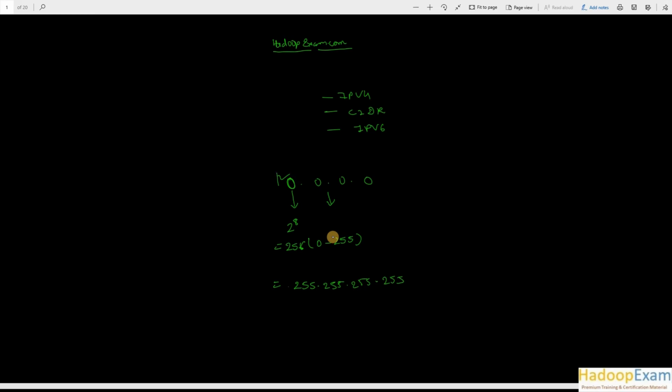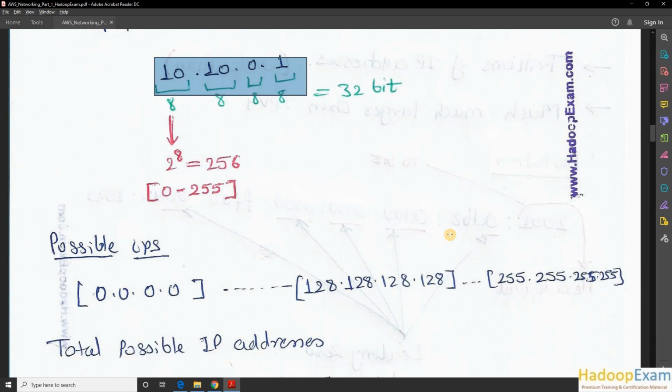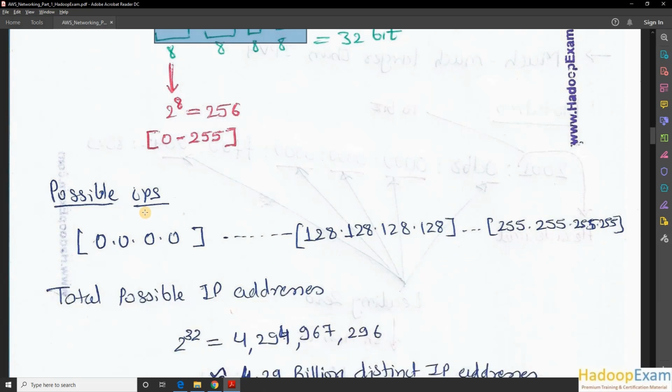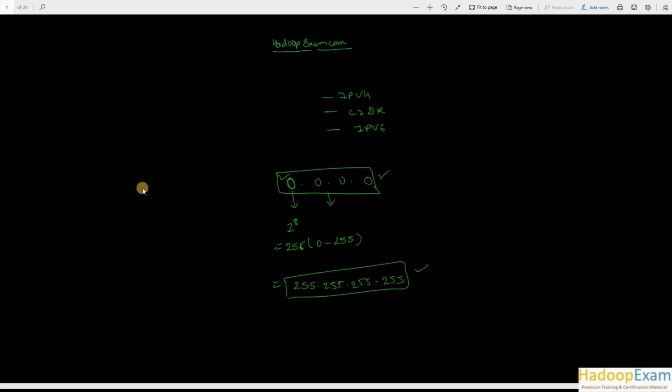So this is the minimum possible IP address using 32 bits, and this is the maximum possible IP address using 32 bits. Total possible IP addresses in IPv4 is around 4.29 billion distinct IP addresses.